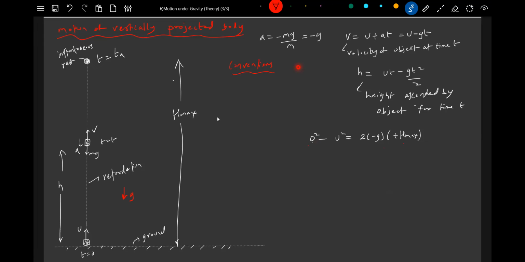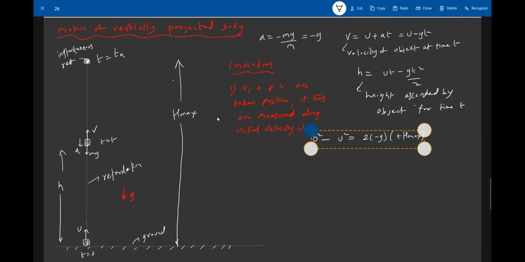I'll write it. The convention: V, A, and H are taken positive if they are measured or directed along the initial velocity u.